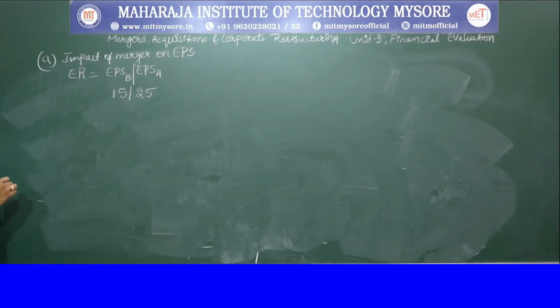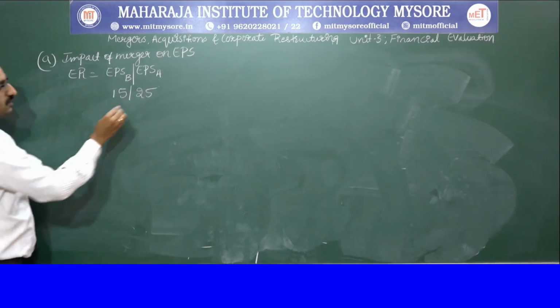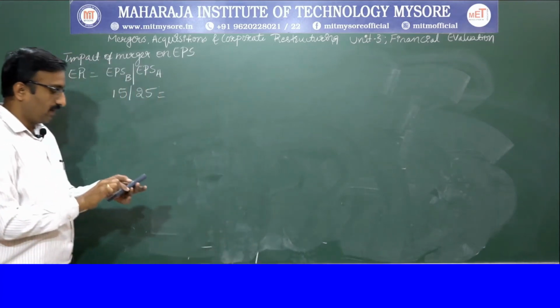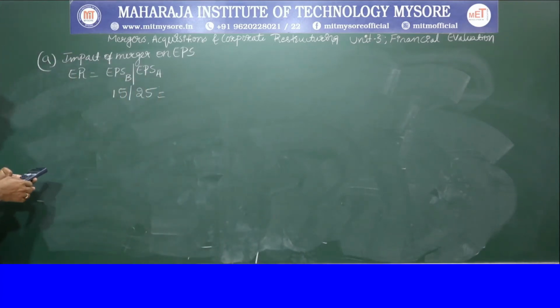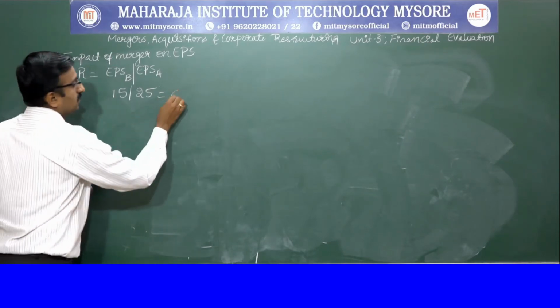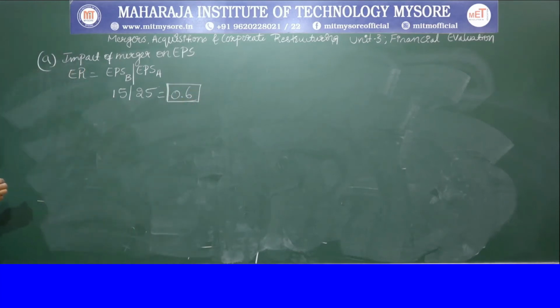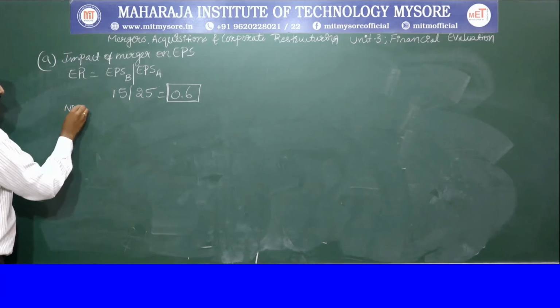They have given it in the problem itself. So how much will we get? 15 divided by 25, you will get 0.6.